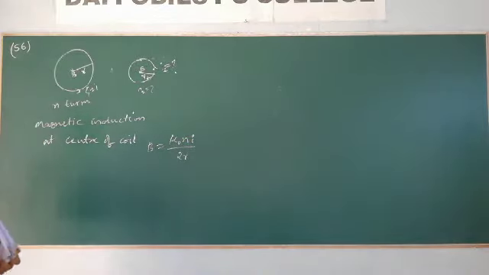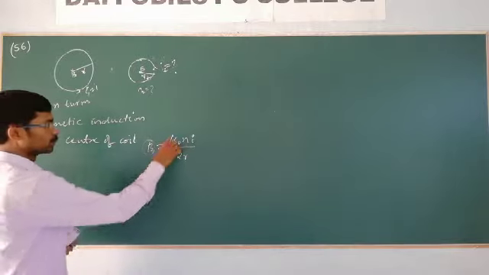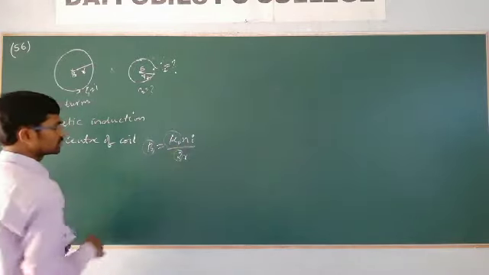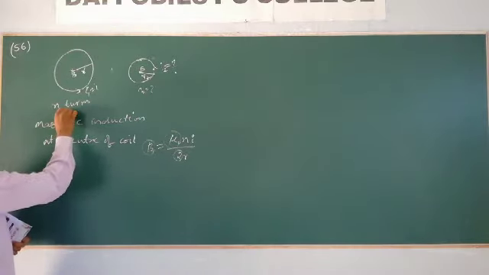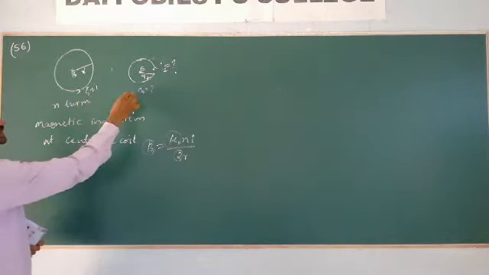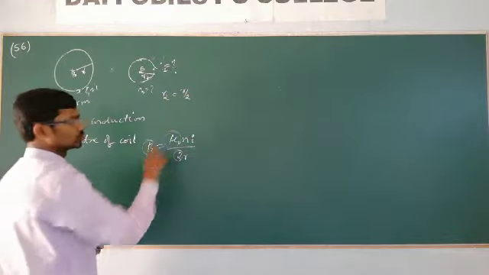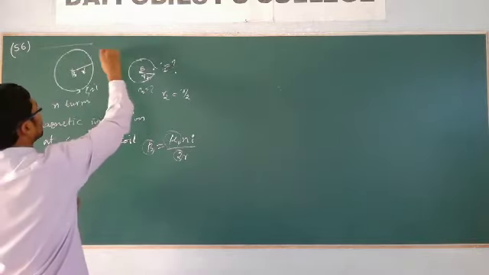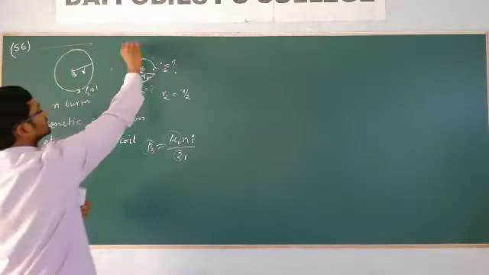Now remember, they have given the magnetic field is the same, and mu naught is constant, 2 is constant. But in this case N1 is equal to N turns, I1 is equal to I, R1 is equal to R. But in this case the radius R2 becomes R by 2. Rewound. Earlier it was made into a circular form of N turns, but now it is rewound.